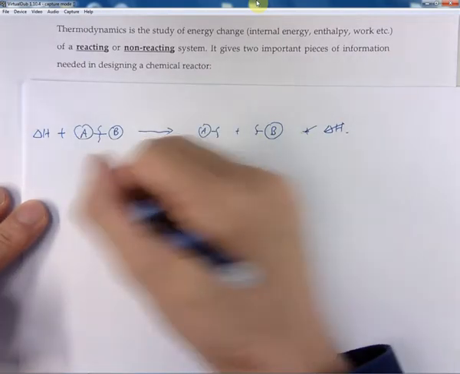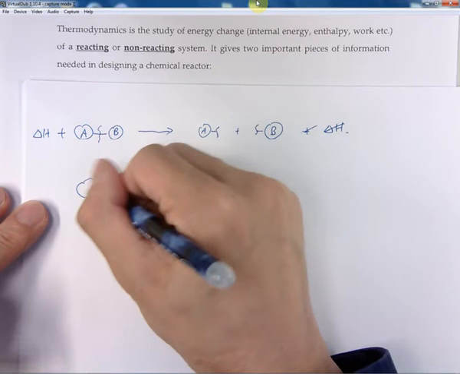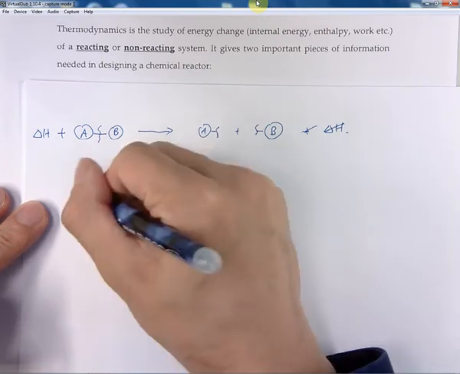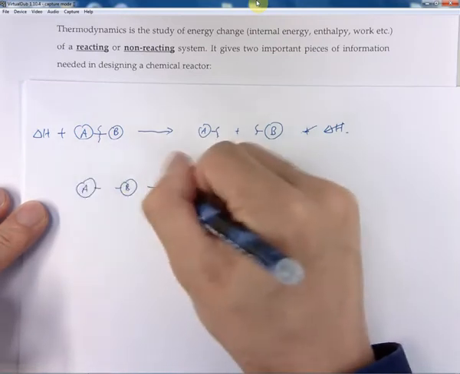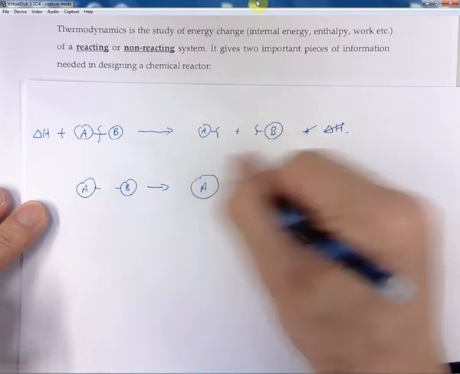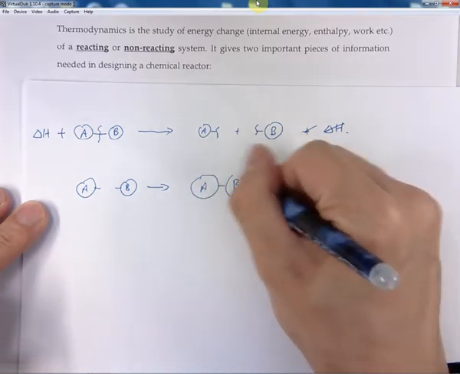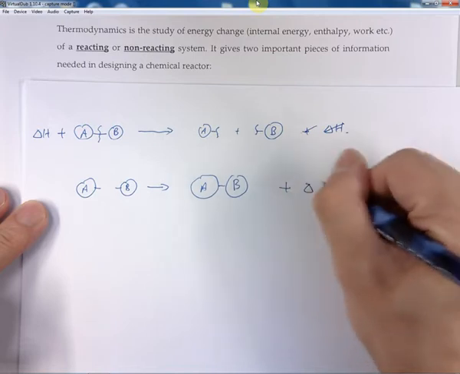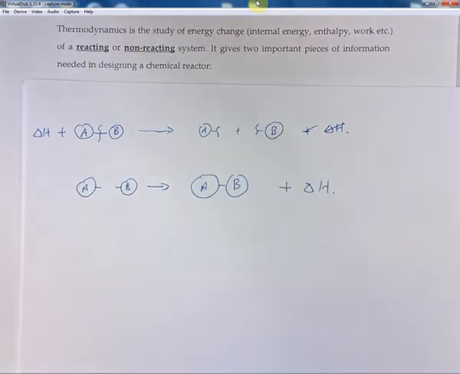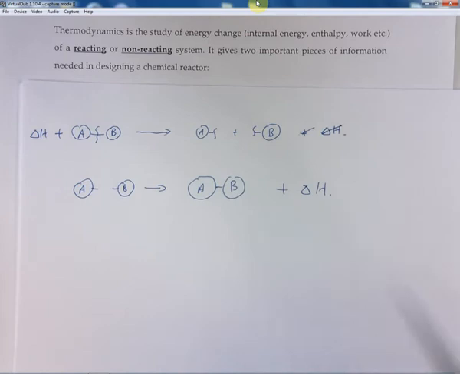However, if a new bond is formed, heat will be given out. So in chemical reactions, delta H is always written as heat.